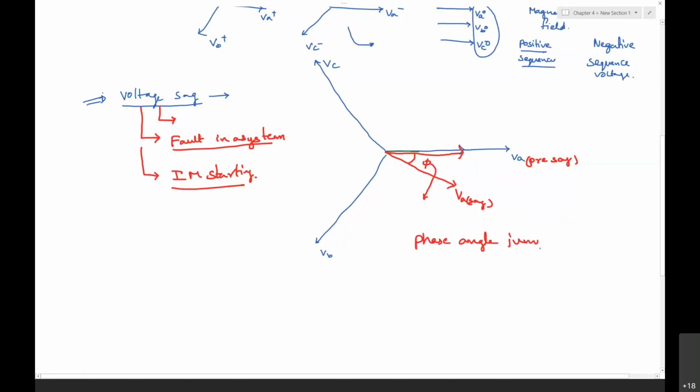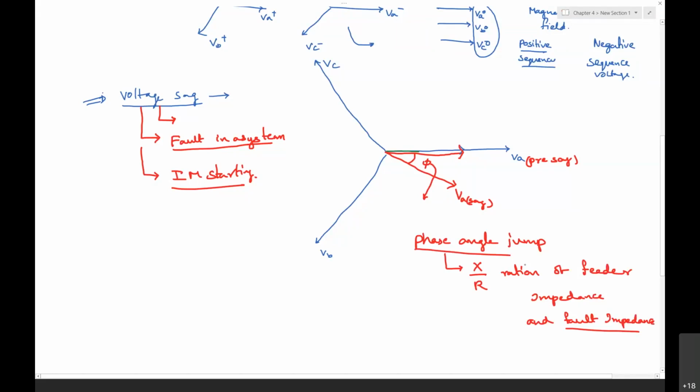The phase angle jump is due to the X/R ratio of the feeder impedance and the fault impedance also. Because when a fault occurs in a system, the fault current is influenced by the fault impedance also.